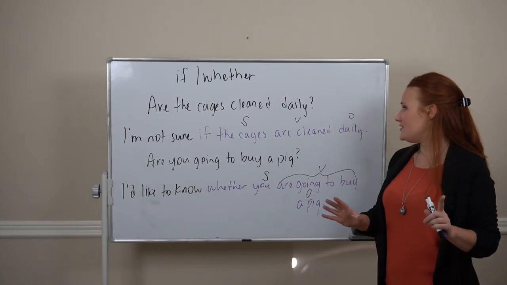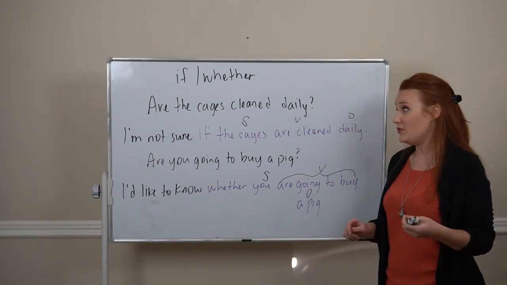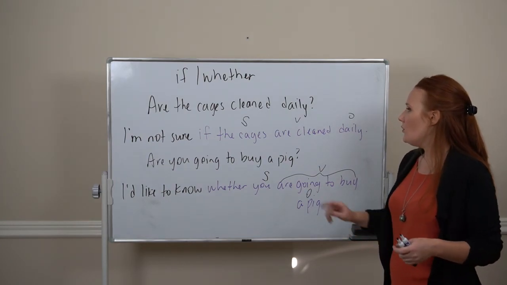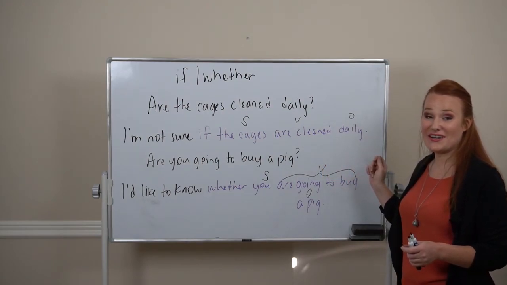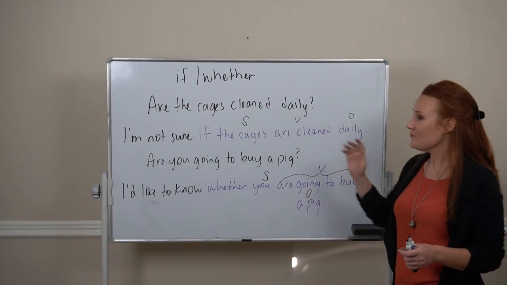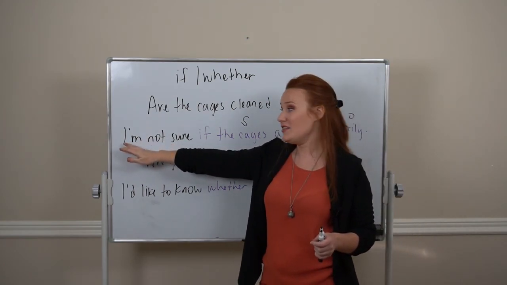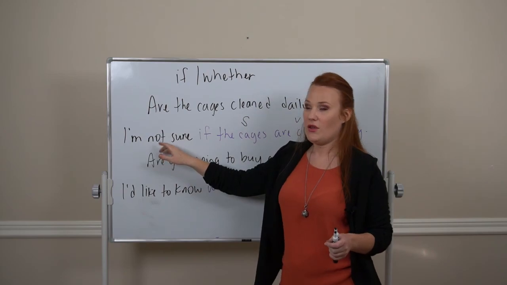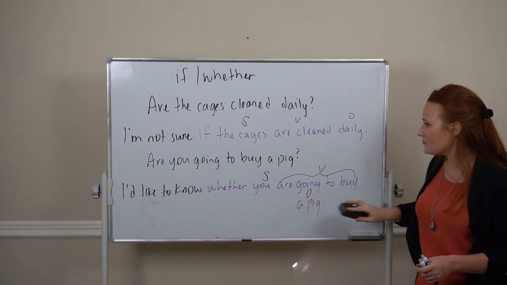Last thing I want to mention is punctuation for these embedded questions. So when you're deciding if we should have a question mark or a period at the end, if your initial part is a statement, I'm not sure, we'll put a period at the end. This is a statement.